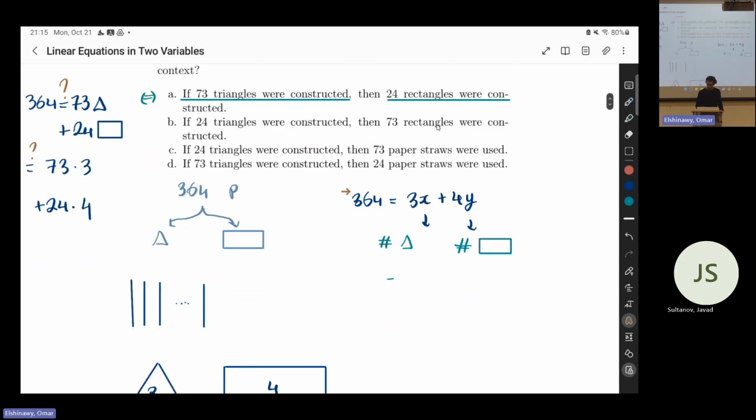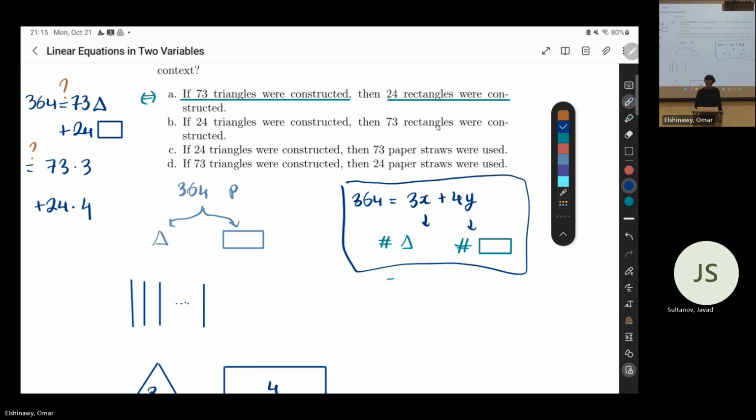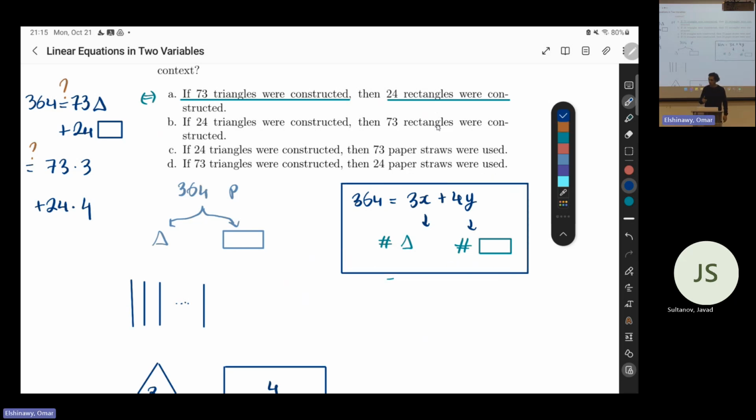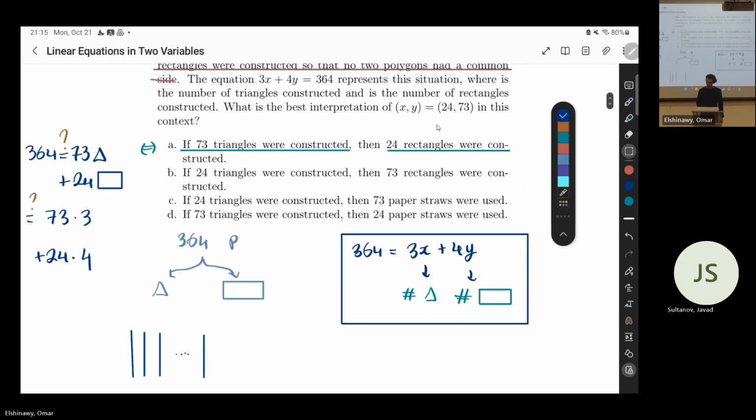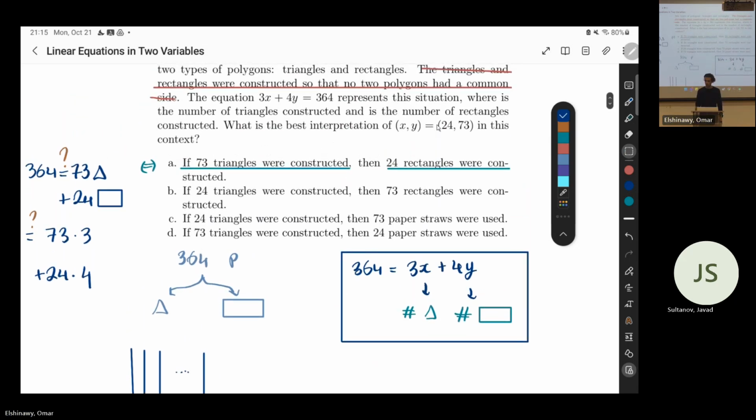What you just mentioned is exactly what we mean here. This is 100% correct. So maybe the idea is to plug in the number of triangles and the number of rectangles, and see if it gives you 364.